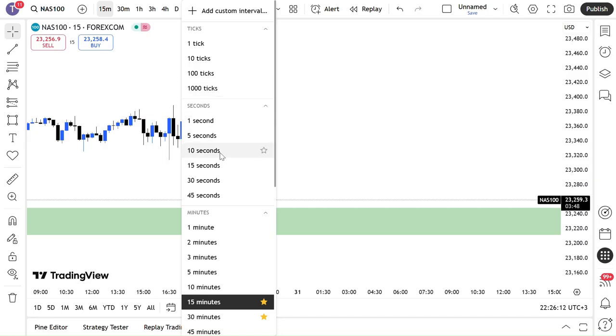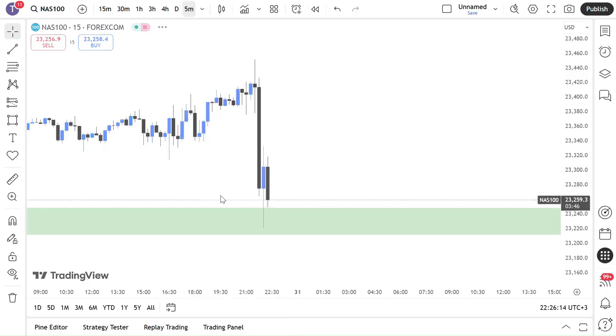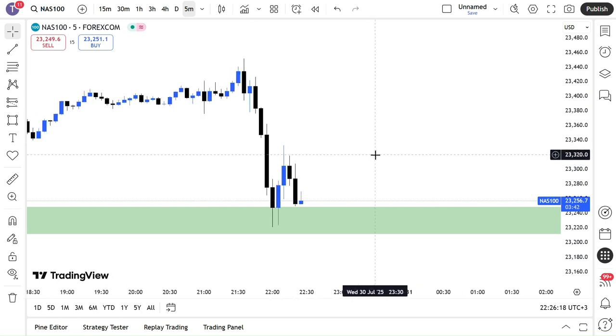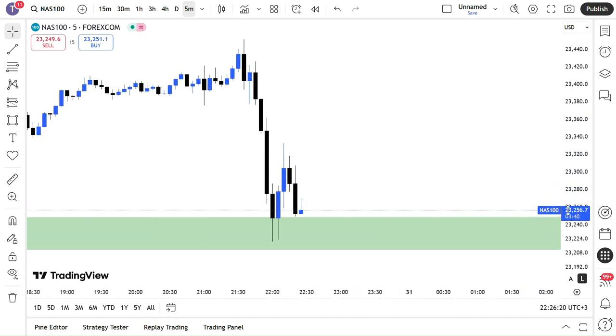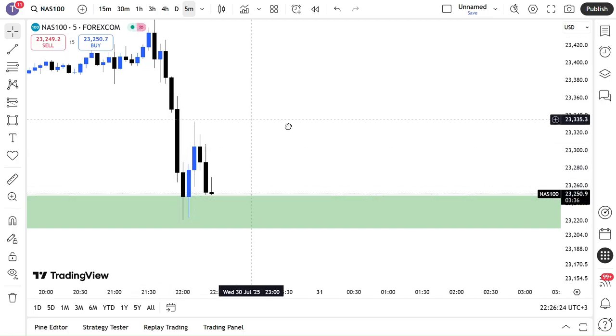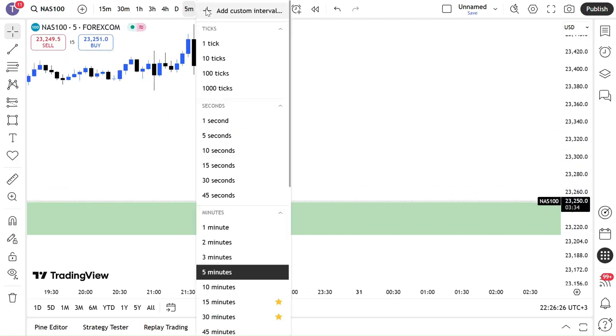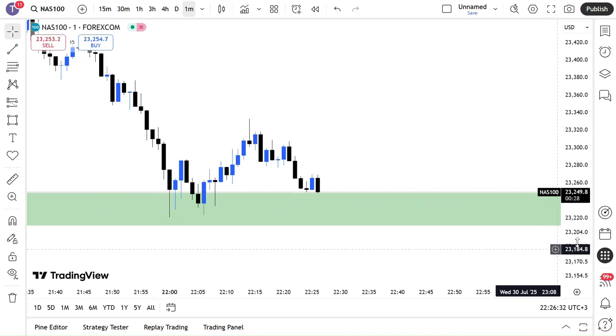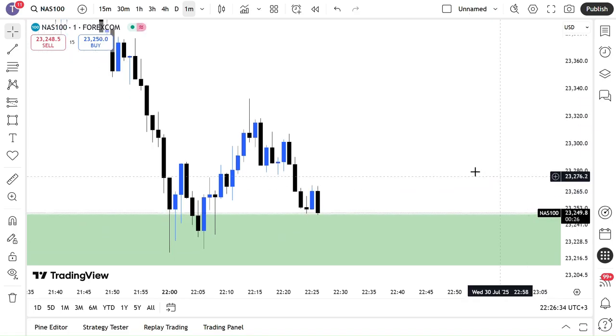Let me drop down to the 5 minutes time frame, because on the 15 minutes time frame I'm not seeing anything valid. So I think if we drop to the 1 minute time frame, sorry, we can see if this pullback is correct.